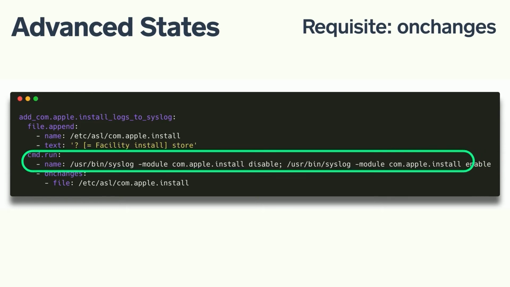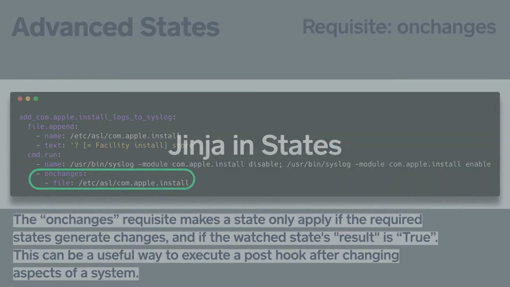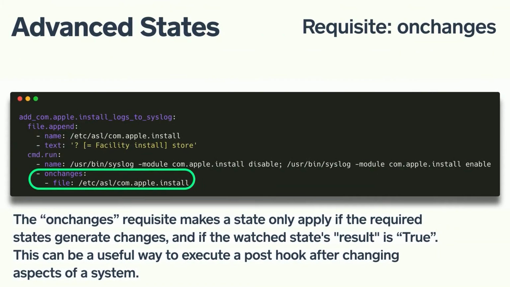But the only way it would do that is if, again, the particular state file, which in this case, whoops, too far, is the etc asl com.apple.install file. So if that's modified, then it'll run this command.